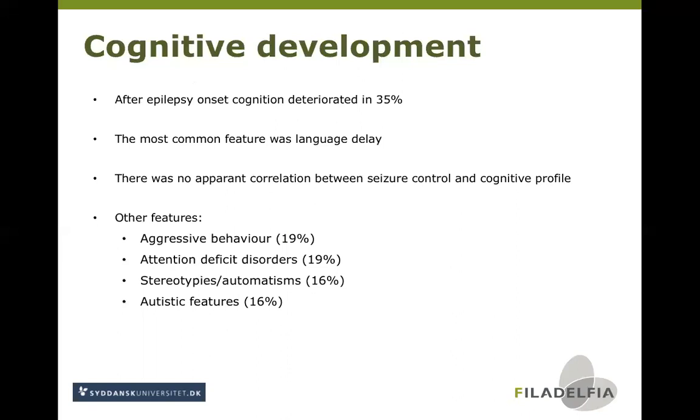One of the most common features was language delay in these patients, and we could not find a correlation between how well their seizures were controlled and how well they did cognitively. We also found that some of the patients displayed other features such as aggressive behavior, attention deficit disorders, stereotypies, automatisms, as well as true autistic features.